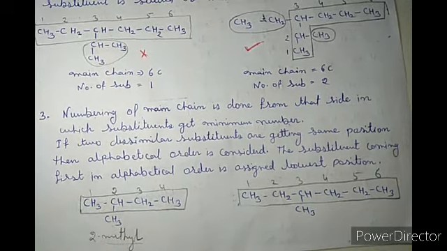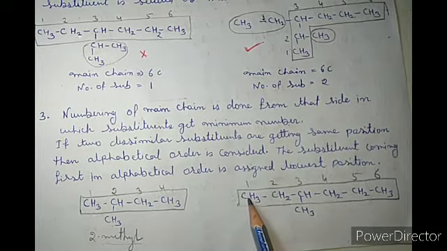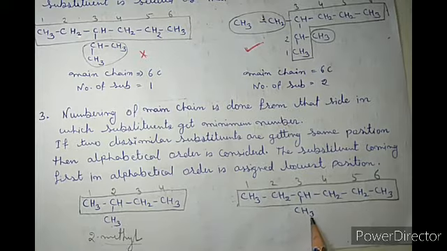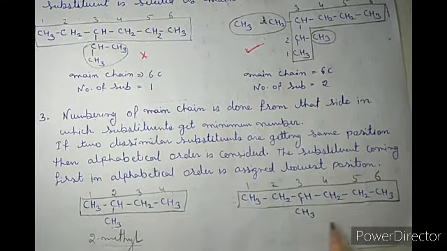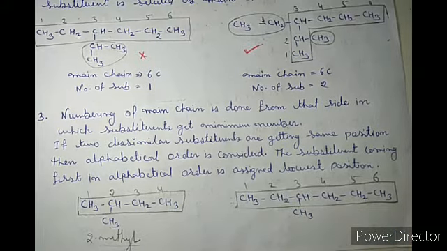for numbering. Got it? Now in this example, there are 6 carbon atoms and one methyl group is attached here. If we start the numbering from this, then 1, 2, 3, the substituent will get 3. But if we start from this, then 1, 2, 3, 4. So from which side is it getting the minimum number?